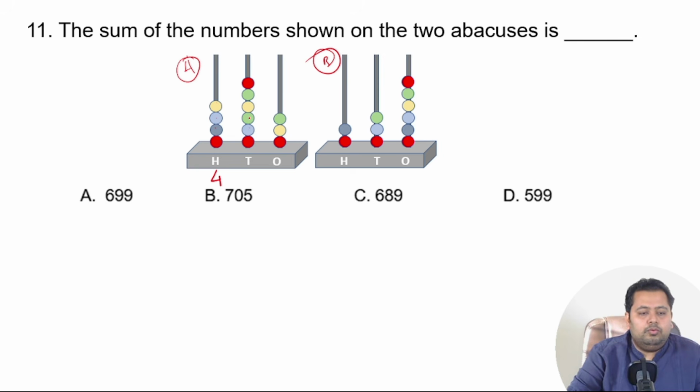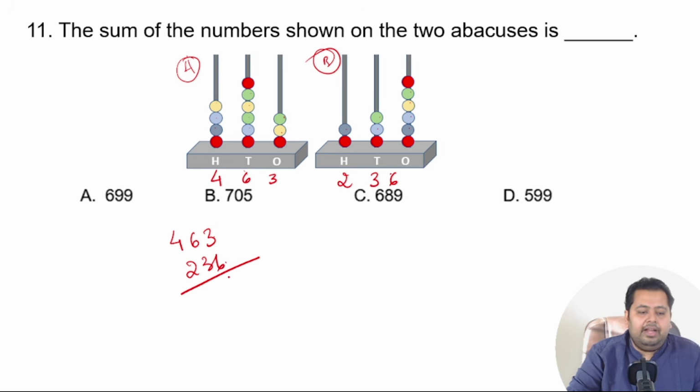In tens, 1, 2, 3, 4, 5, 6, and in ones it is 1, 2, 3. So the first number is 463. In the second number, in the hundreds place, there are two beads. In tens there are 1, 2, and 3, and in ones there are 1, 2, 3, 4, 5, and 6. So the second number is 236.